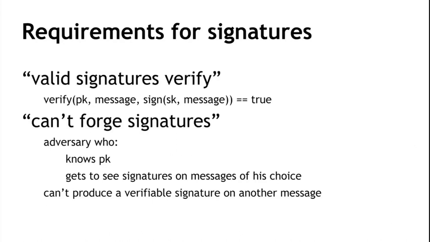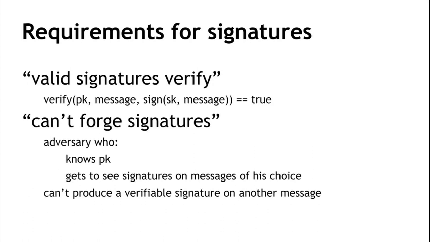Okay, so the requirements for the signatures at a slightly more technical level are the following two requirements. First of all, valid signatures will verify. That is, if I sign a message with SK, my secret key, and someone then later tries to validate that using my public key and the same message, it will validate correctly.